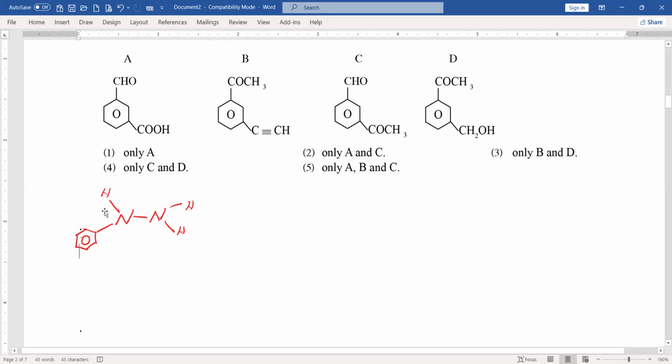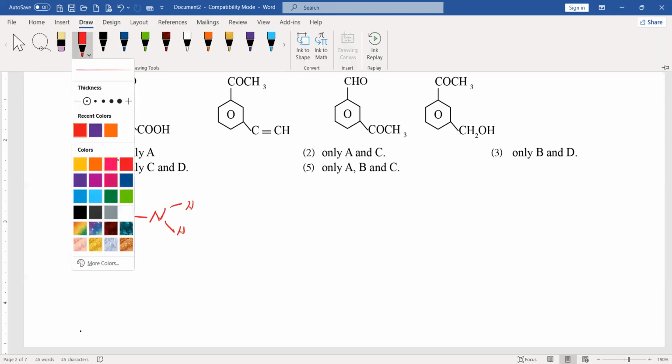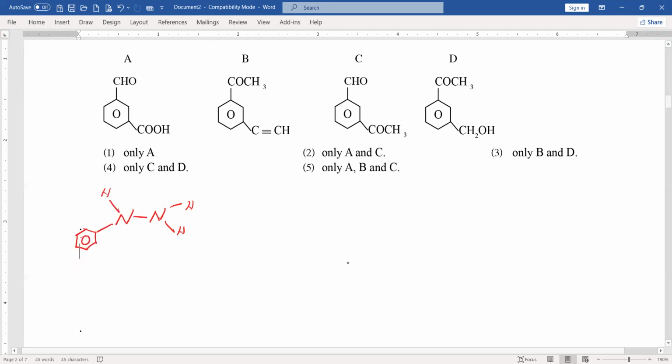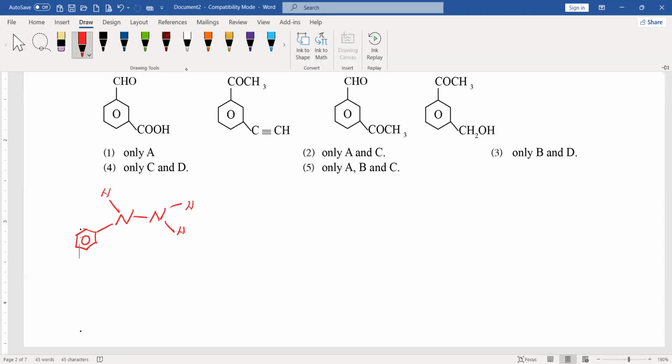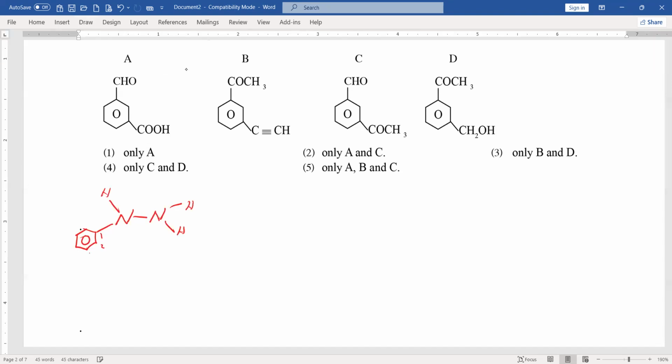In this phenylhydrazine, this is our first carbon, then second carbon, third carbon, fourth carbon, fifth carbon, sixth carbon. 2,4-DNP means dinitro.